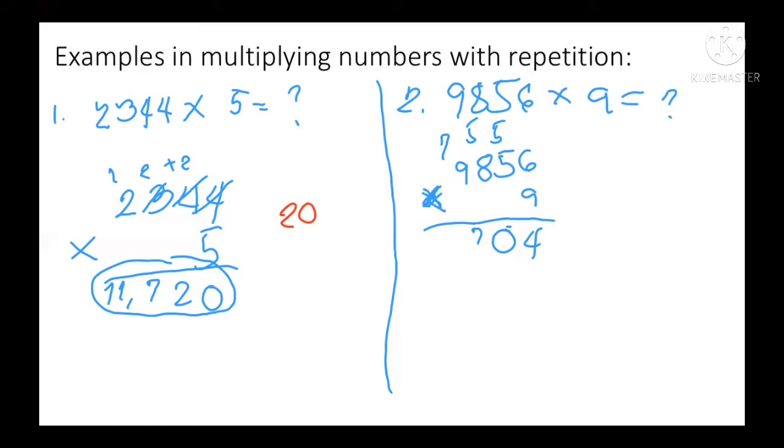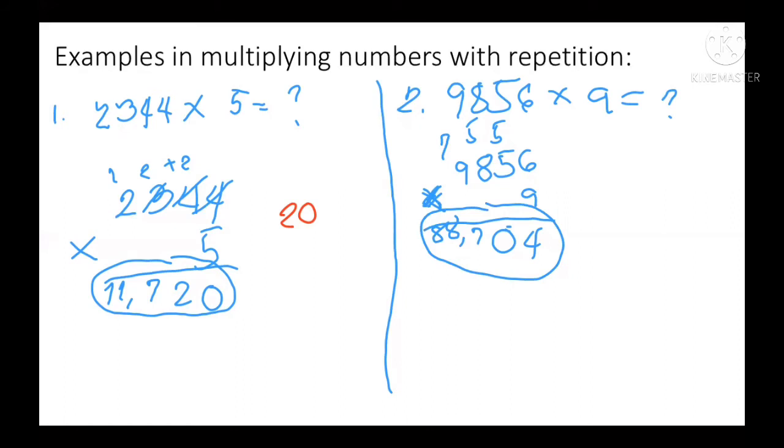Correct? Yes, 81. 81 plus 7. It's 88. Correct? So 88. So what will be our product? 88,704. Again, 88,704. Okay? Easy. Very good.